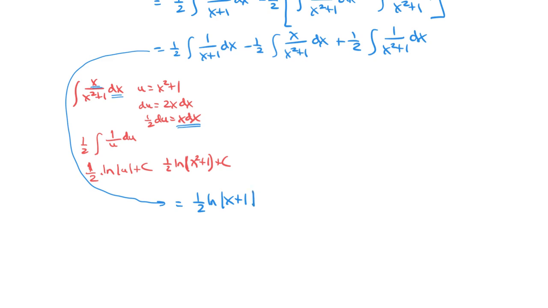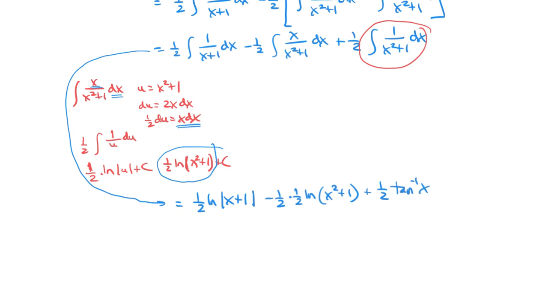And then over here we've got minus 1/2 times 1/2 natural log of x squared plus 1. This one doesn't have to be absolute value. And then we've got plus 1/2 times this one right here, the answer to which is the inverse tangent or arctangent of x, and then plus c.